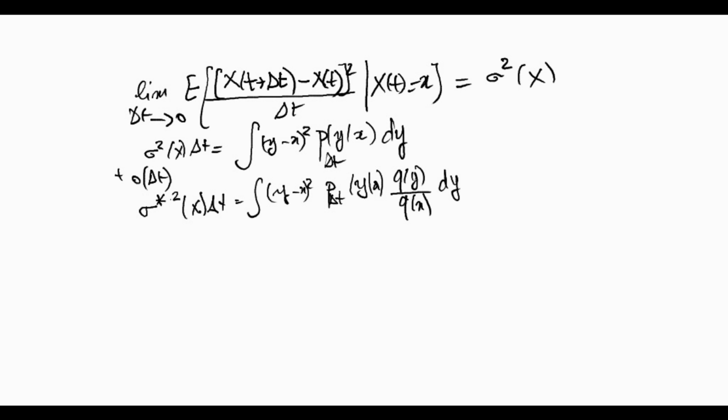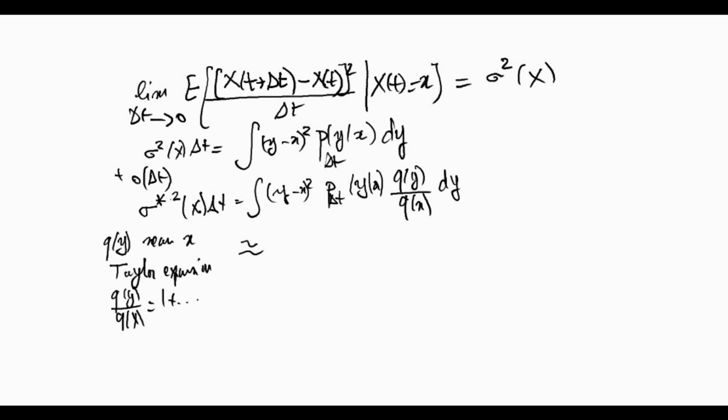Now using the same argument of a Taylor expansion of q of y near x. So we need to do a Taylor expansion as we did before. And replacing here in this formula, we get precisely that, at first order, the ratio, as we have seen, q of y divided by q of x starts with 1 plus.